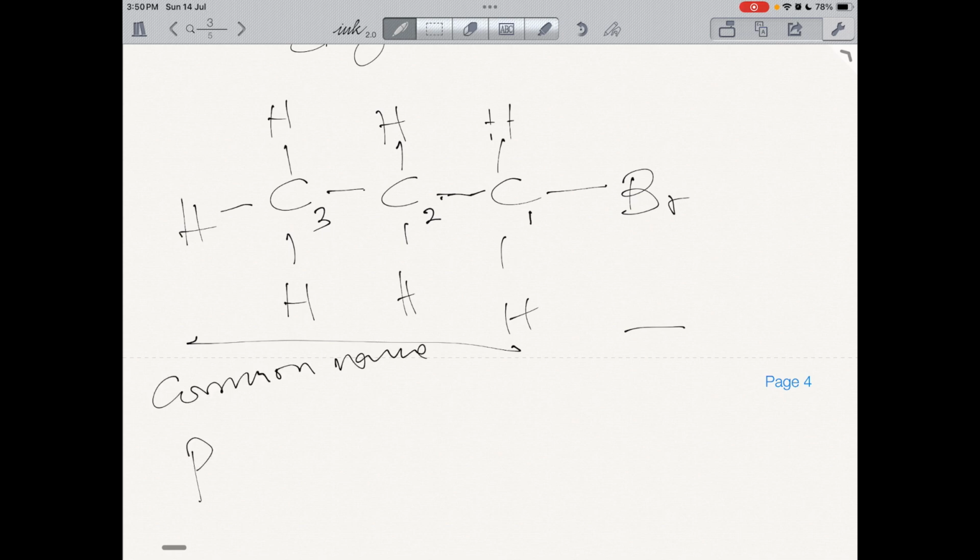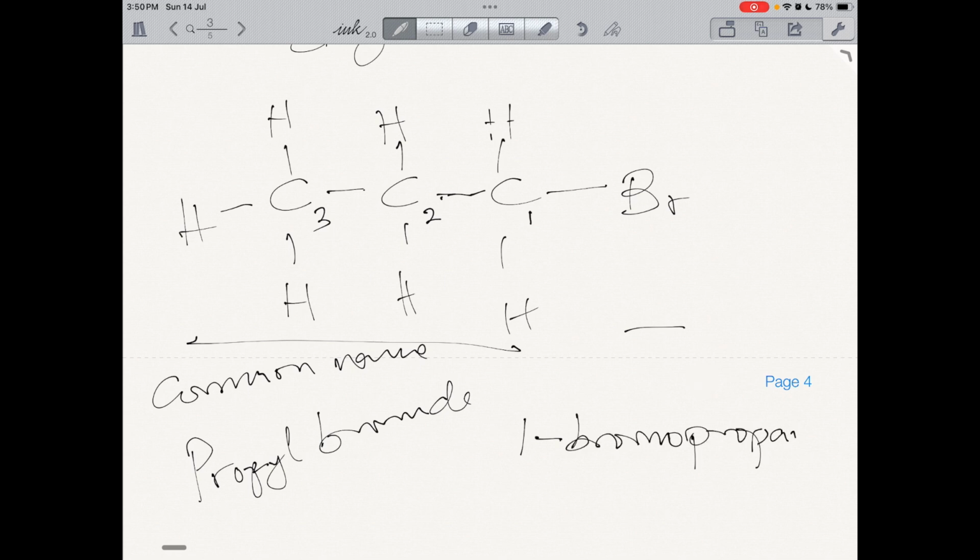The common name of this will be propyl bromide. And then, for the IUPAC name, you look at the carbon atom that is carrying the bromine. So you use that as 1. Bromopropane. Thank you. So that is the IUPAC name.